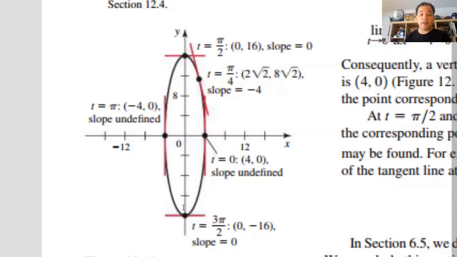And it has two vertical lines as well. One when t is pi, and the other when t is 0 or 2 pi, because 2 pi was the same as 0. It was cyclic there, so that's the point where we started, and it finishes right at the same point. So either 0 or 2 pi, both of them work the same way.